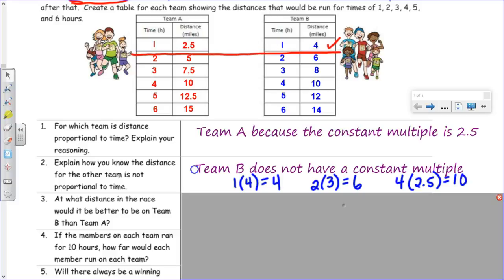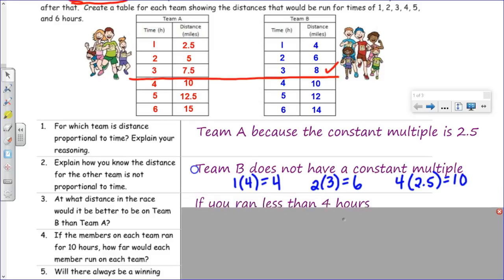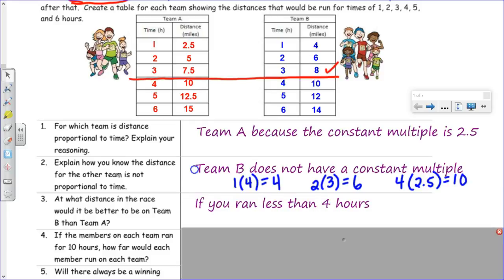Okay, how about after 2 miles? Yep, I've still run further on Team B. What about 3? Still better. Well, look what happens at 4. So what I want to say is anything under 4 hours. So if you ran less than 4 hours, it would be better to be on Team B.